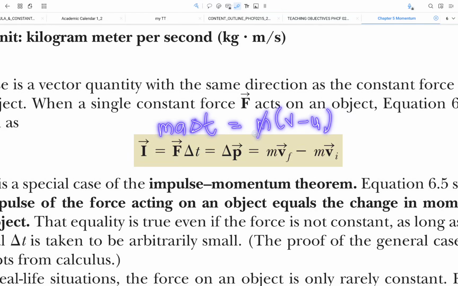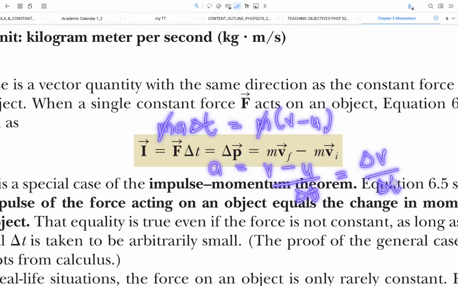Now I cancel out the mass, and then we have a, rearranged as (v minus u) over delta t, where voila, you get the rate of change in velocity, which is equivalent to the acceleration.